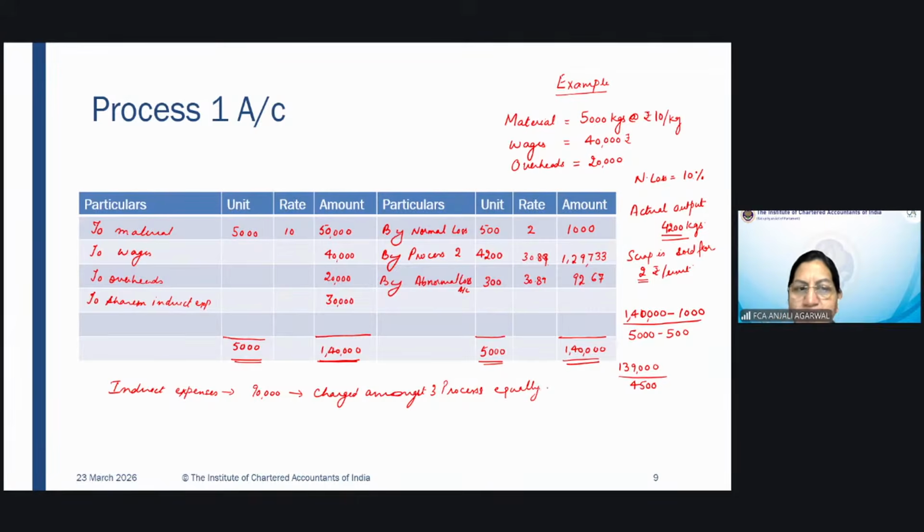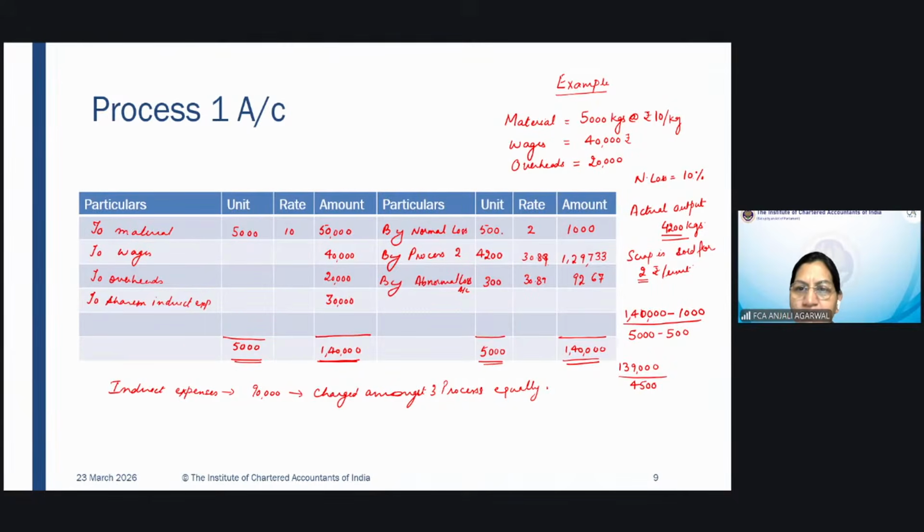But generally, when we talk about indirect expenses or overheads, if you have to take one of the bases, wages is generally the best because overheads or indirect expenses are incurred when the workers are working. So if nothing is given, indirect expenses should be best debited in the ratio of the wages. Right? So this is how you will prepare the process one account.